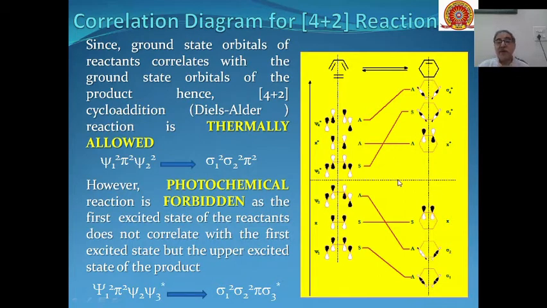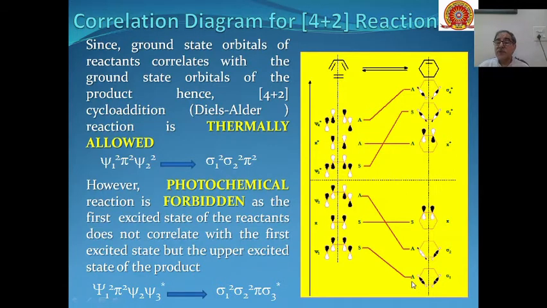And if we see that since the ground state orbitals of the reactants correlate with the ground state orbitals of the product, you see this is symmetric, because in this reaction we will be considering mirror symmetry. Product is also having mirror symmetry. So this will be symmetric, this will be symmetric, this will be antisymmetric, this will be symmetric, this will be antisymmetric, and this will be antisymmetric.